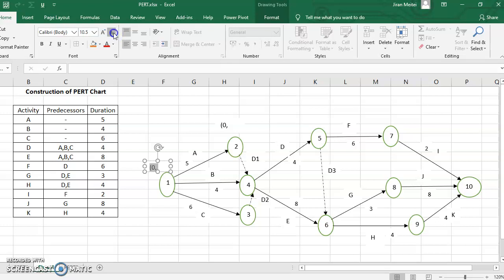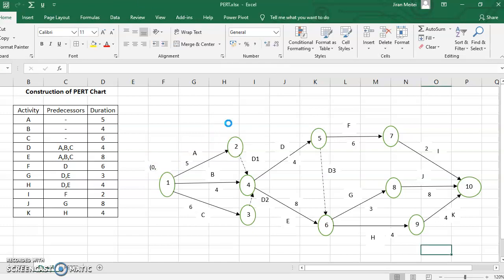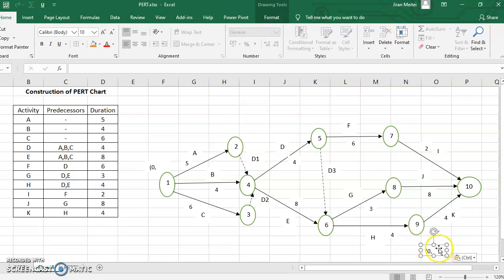Now, starting the project at 0, it will take 5 units to complete A. So 0 plus 5, A will be completed by 0 plus 5, that is 5. By 5 units A is going to be completed.